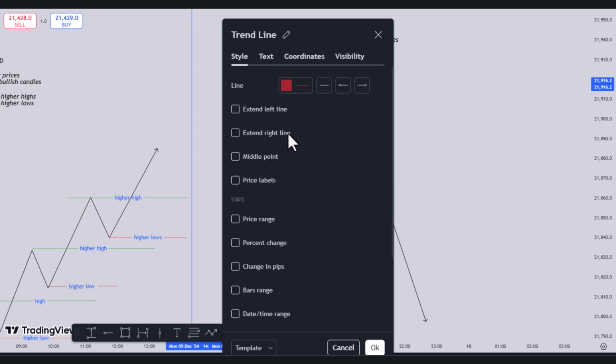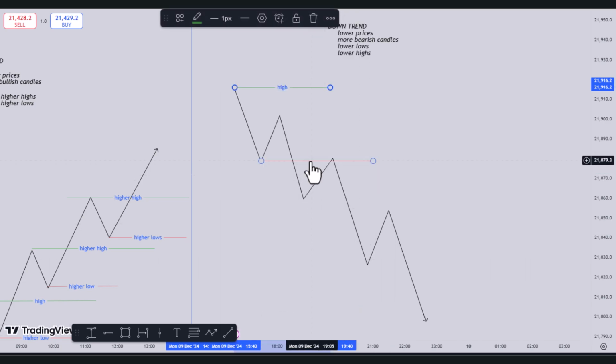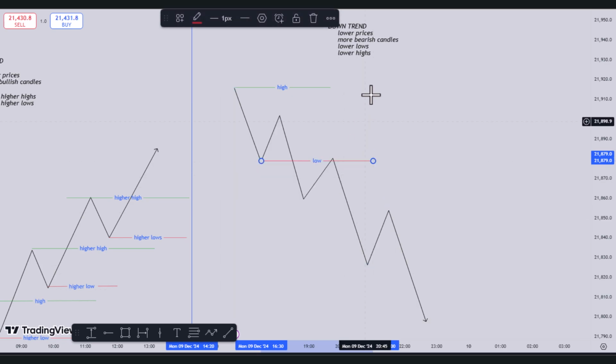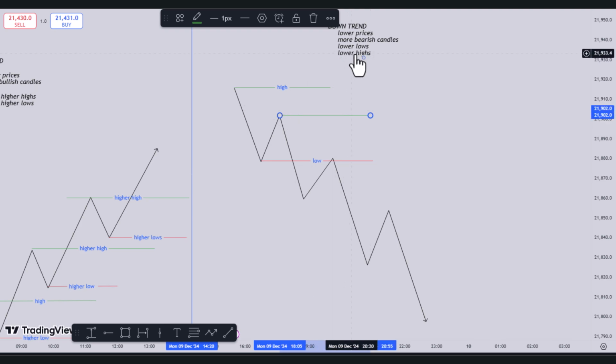Give me a color of green for highs. And this is our low. Give me red. And then you can see that relative to this high, we had to engage with another high, but didn't take out the previous high, therefore it becomes our lower high. As you can see here, lower high.